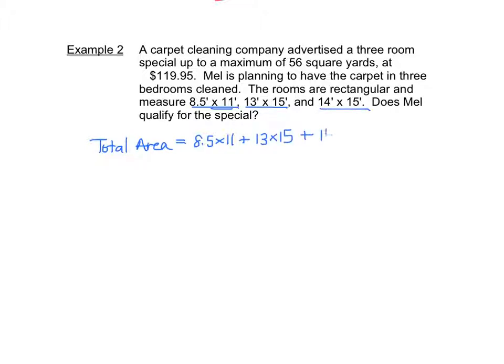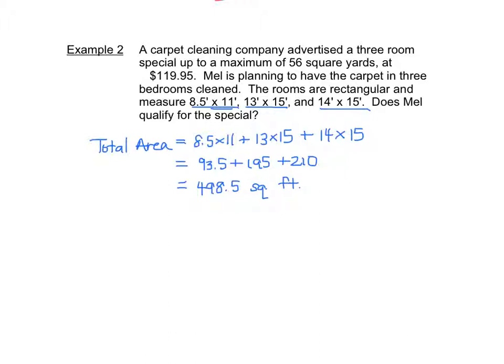And the last room is 14 by 15. Okay, so the area of each room is 93.5 plus 195 plus 210 for a total of 498.5 square feet.